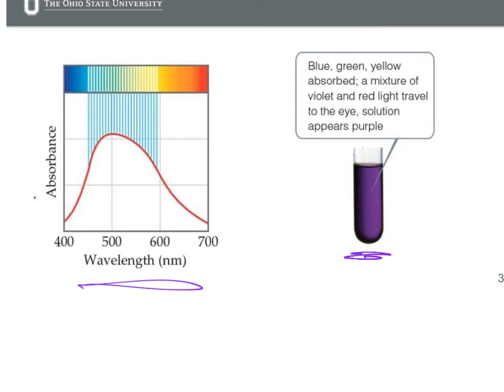What we see happening is that some of the blue, some of the green, and yellow are being absorbed by the compound. That means that the red area and blue area of the visible spectrum are being passed through the solution, and that combines to make the solution look purple.